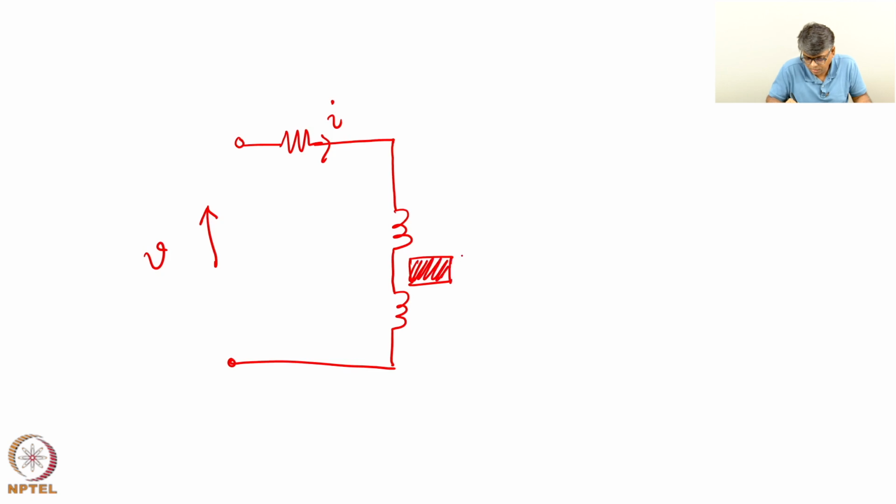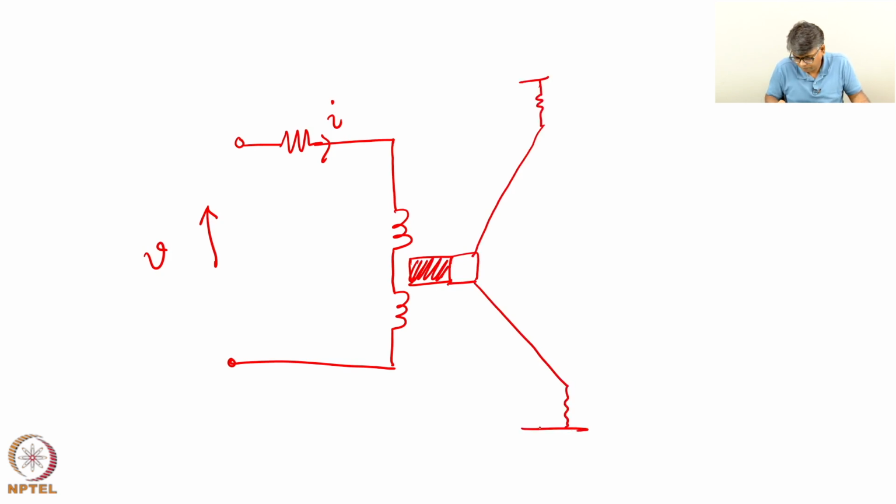That magnetic field causes this bobbin to move, and this bobbin in turn is connected to the frame through this diaphragm, and this whole diaphragm, spring system and the frame gives us a spring kind of mechanism. This is the position x, and the movement of x will cause the sound wave. That is how the speaker works.